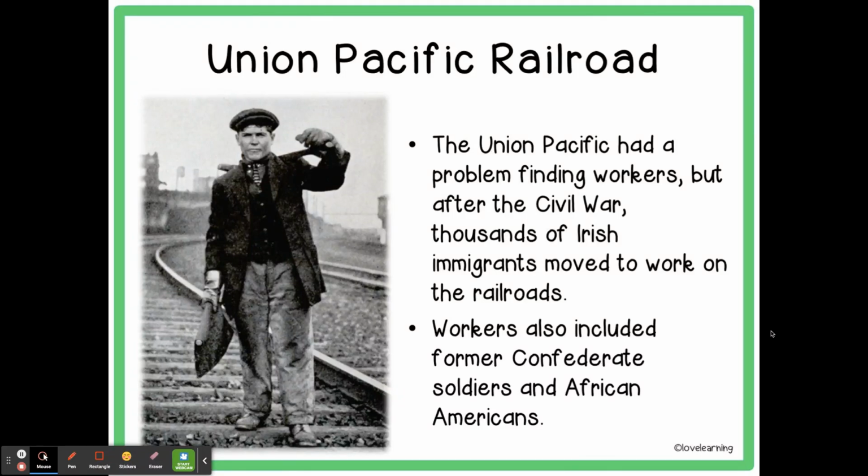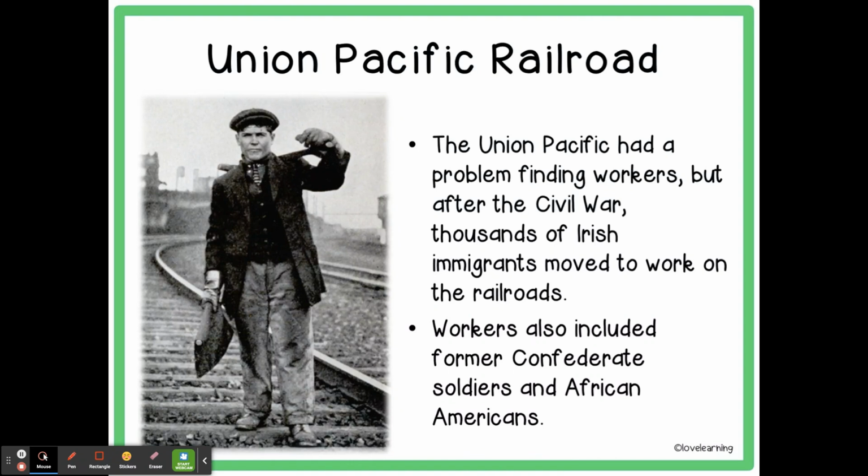So the workers here, the Union Pacific workers, had a problem finding people to actually do the job. But after the Civil War, and we've talked about that, thousands of Irish immigrants moved to work on the railroads.